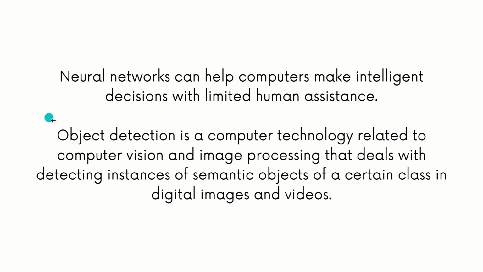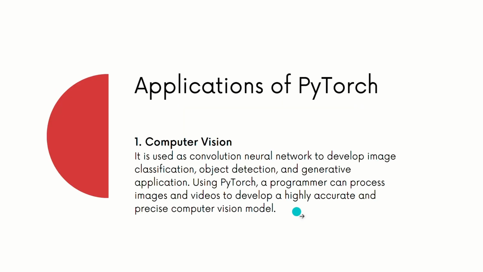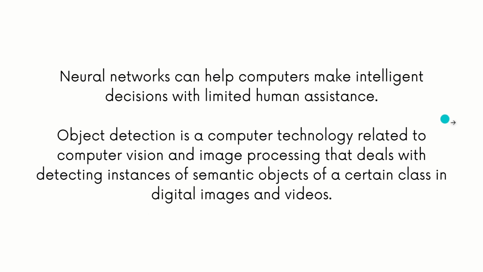The word defines itself. And also, image classification basically means classifying an image. For example, if you're given a photo and you have to classify it as, I don't know, whether it is a dog or a cat, something like that.